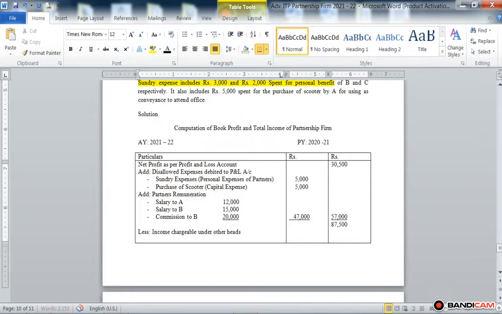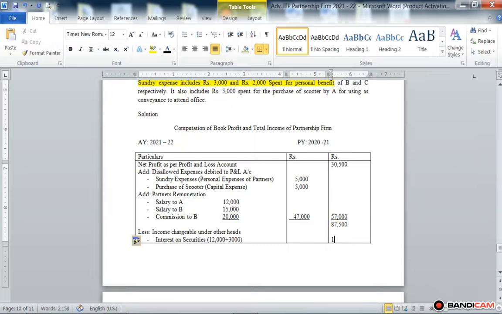So interest on securities amounting to rupees 12,000 plus 3,000 tax deducted at source. Given here, tax deducted at source, that is 3,000. So this TDS is also deducted from the net profit.